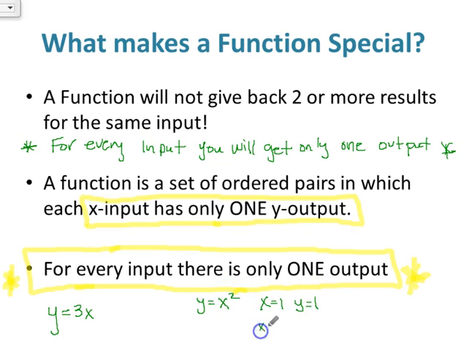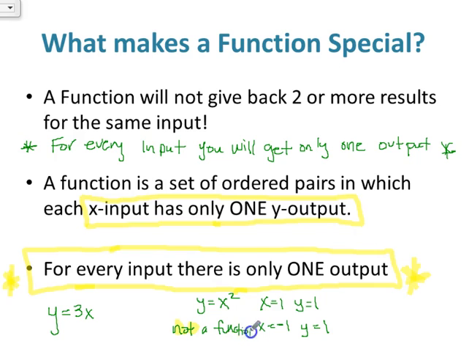If I plug in x equals -1, -1 squared is the same as saying -1 times -1, so y would also be 1. So look what happened. We've got a y of 1 and a y of 1 when we inputted 2 different numbers. Because for every input there should only be one output, this is not true. So that would mean that y equals x squared is not a function.